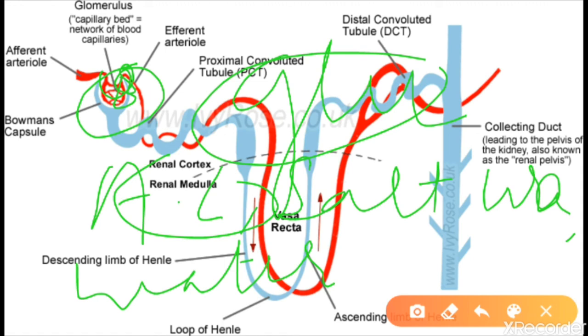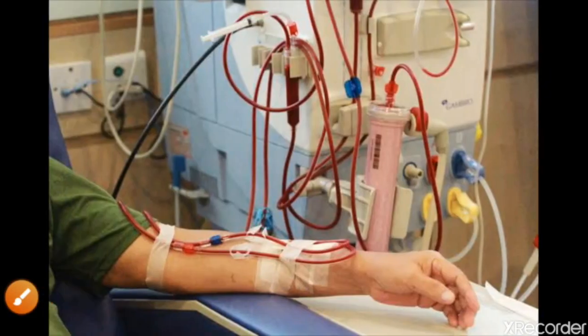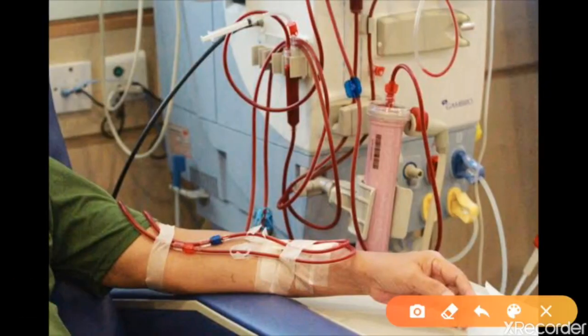If someone's kidney fails, they go to the hospital and go for dialysis. So what is dialysis? Here they are performing the dialysis. In dialysis also they remove the waste from your body, but here there is a problem.